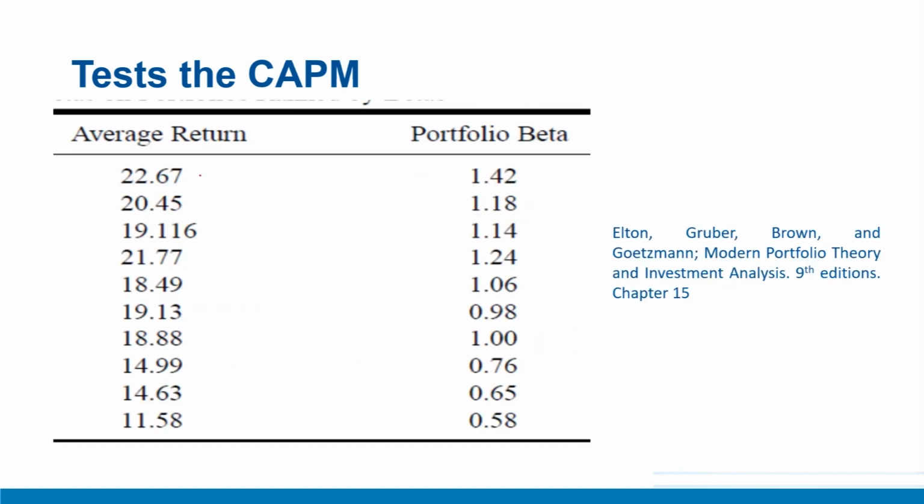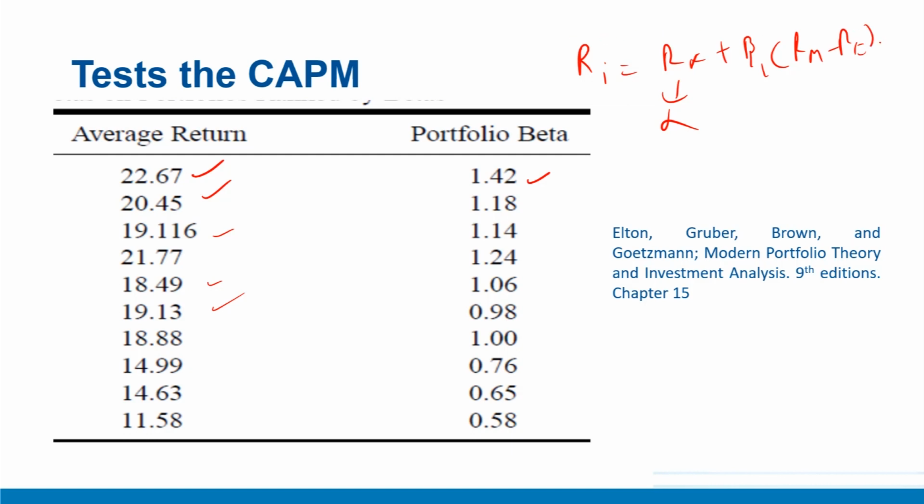So first, their average returns appeared like this, with forecast betas based on the previous 5-year returns, computing beta based on the market model of Ri equal to Rf, or alpha, plus beta i times Rm minus Rf.